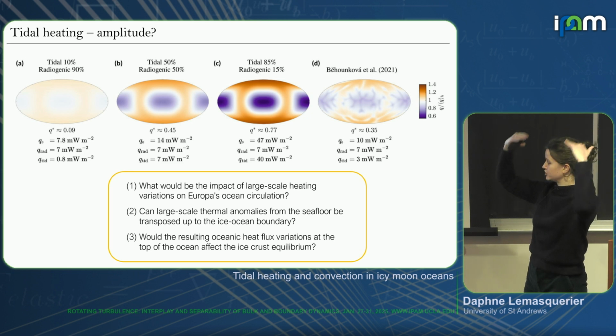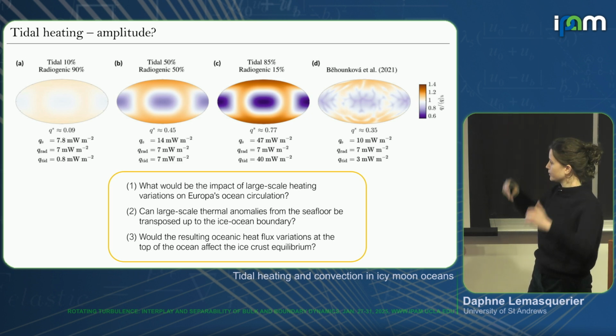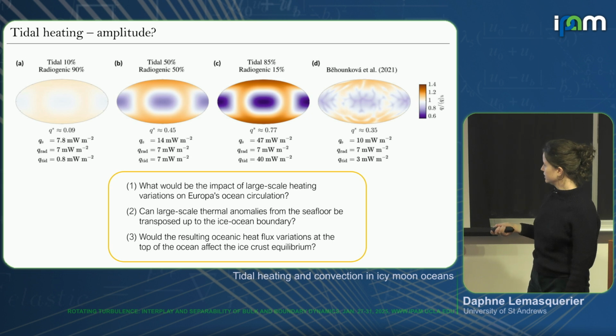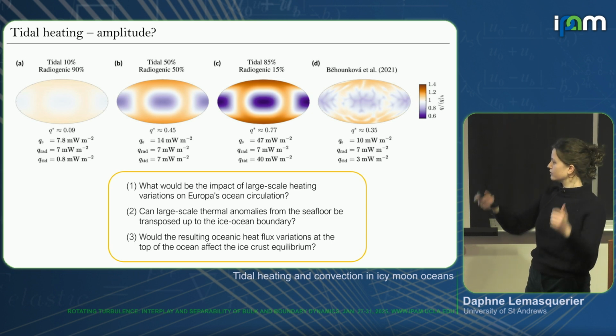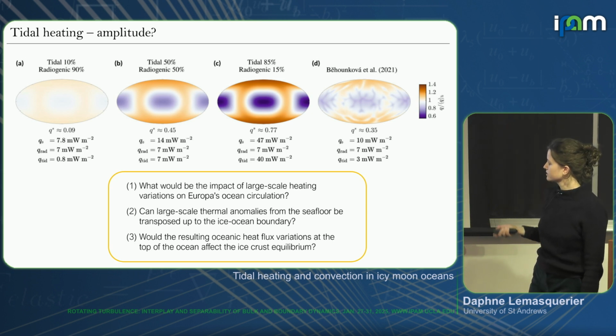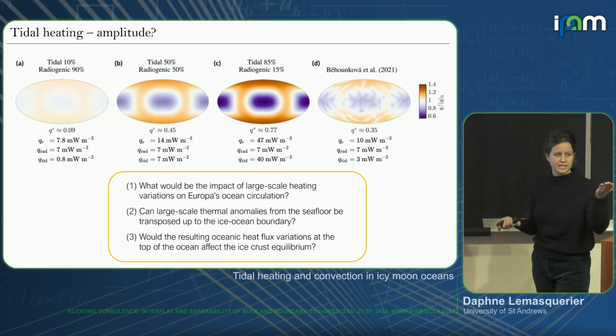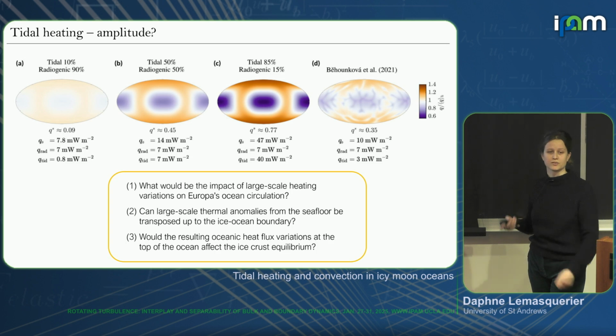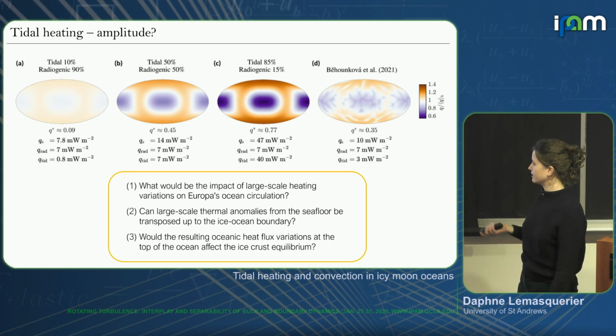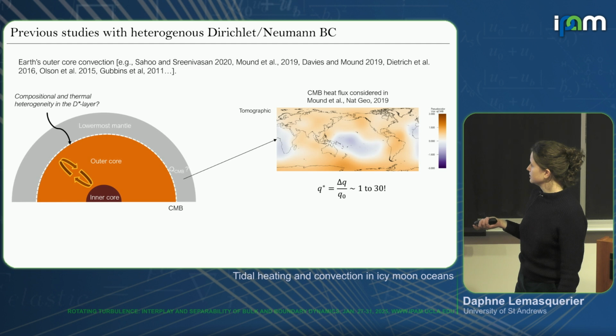Are they erased by the convection, or can they make their way to the top of the ocean? And three, if you have heating variations beneath the ice, can they be strong enough to affect the equilibrium of the ice crust? And this is, of course, with the idea that the ultimate goal is to try to find a way to compare this with observations, which again are only indirect.